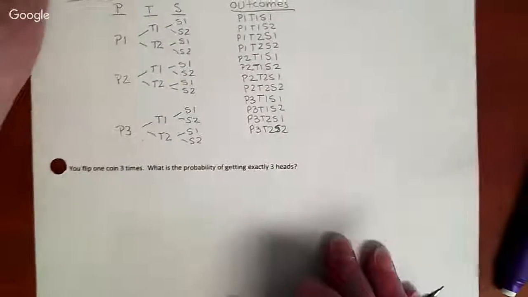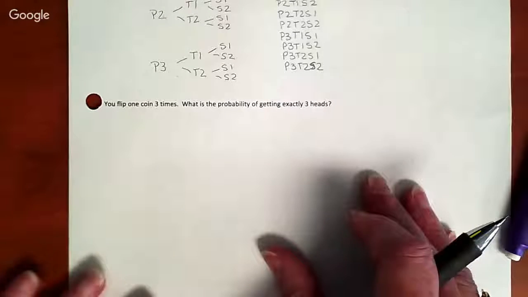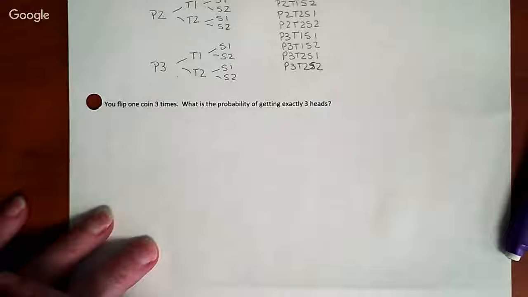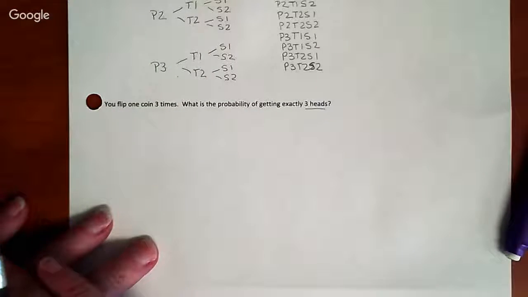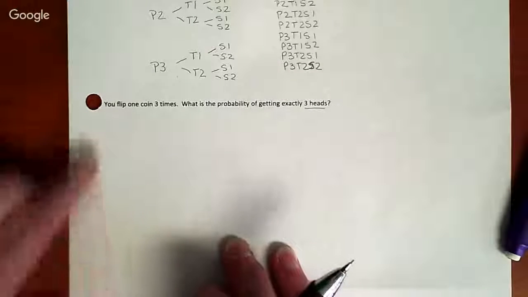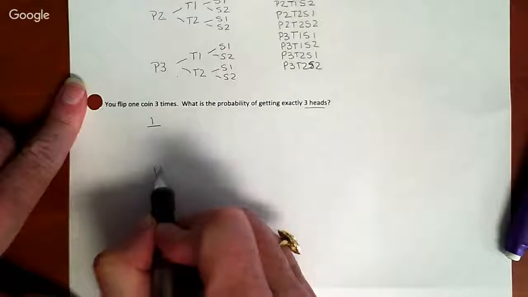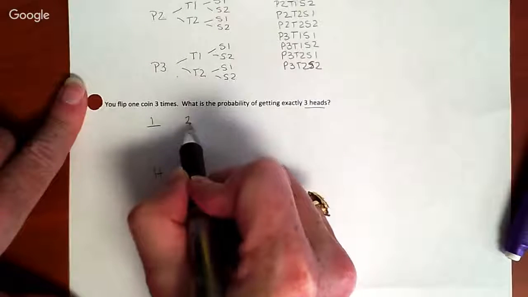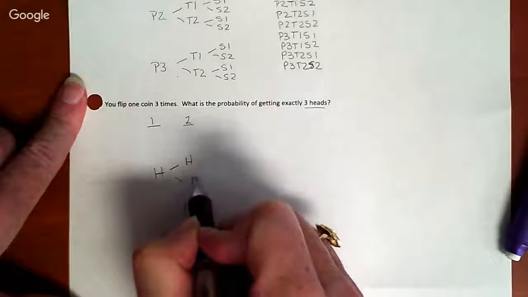So the next one. If we flip our coin three times, what's the probability of getting exactly 3 heads? Well, we got to do our tree diagram first, okay, because that's showing our work. So the first time, I can get heads or I can get tails. The second time, I can still get heads or tails.